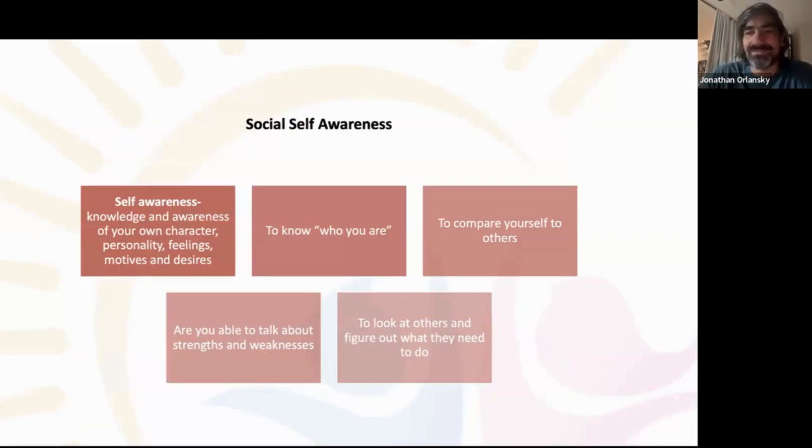But to know who you are in a particular situation, to compare oneself to others, both in terms of what makes you an individual and them individuals, but also how you fit into a collective, and how others are behaving and how you can match your behavior to meet them. Are you able to talk about one's own strengths and weaknesses and to look at others and figure out what they need to do? Like I was saying, the awareness of social expectations.